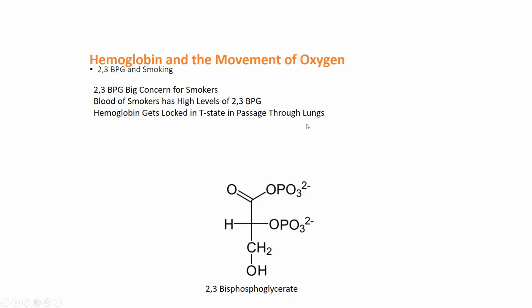So in the tissue, when there's a lot of 2,3-BPG and hemoglobin arrives full of oxygen in the R state, the 2,3-BPG is going to displace all of the oxygen, and it's going to lock the hemoglobin in the T state, emptying it from the R state to the T state.